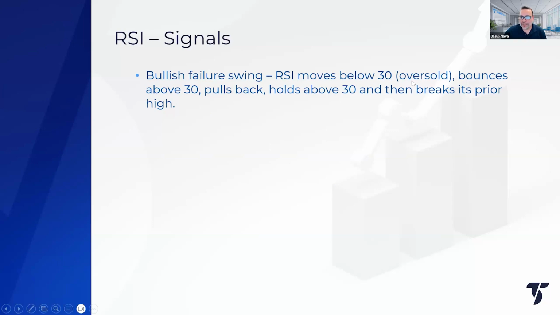RSI moves below 30, bounces above 30, pulls back and holds above 30, and then breaks its prior high. This is a bullish failure swing, and that's something that you can read on any search engine. If you go to Google and you look for bullish failure swing, you'll find documentation that explains the signal and what it does, and you'll find different scenarios in which this happens.